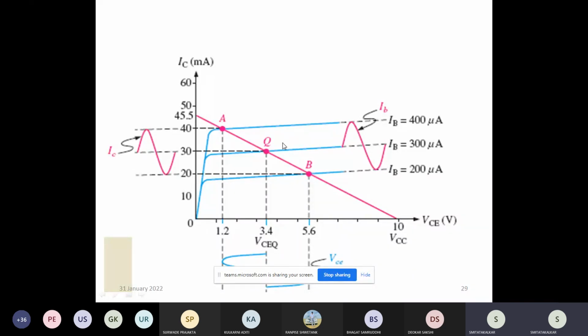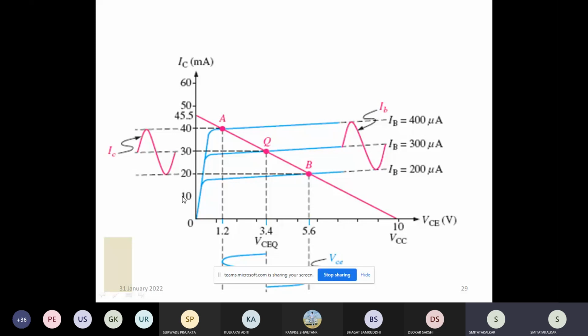That's why at the center point of the Q, you can amplify the signal. It is a positive half cycle, the positive sine wave, and a negative half cycle, the negative sine wave. This is the whole 360-degree sinusoidal wave. If the input is a 360-degree sinusoidal wave, the output will be 360-degree.